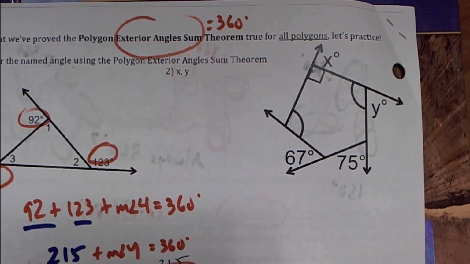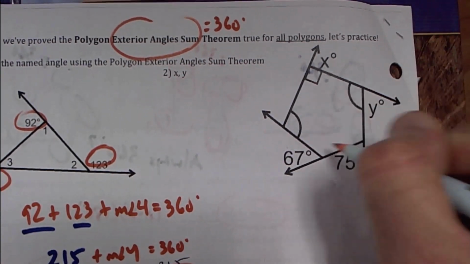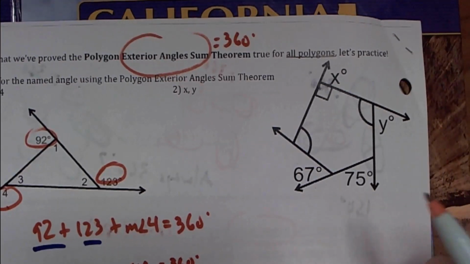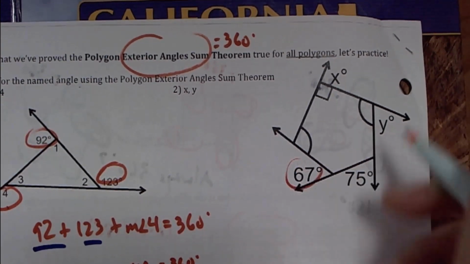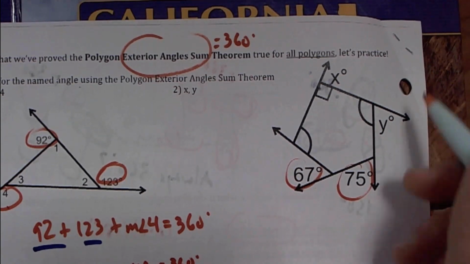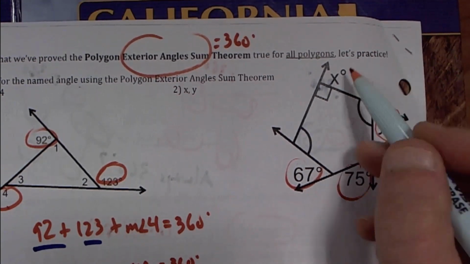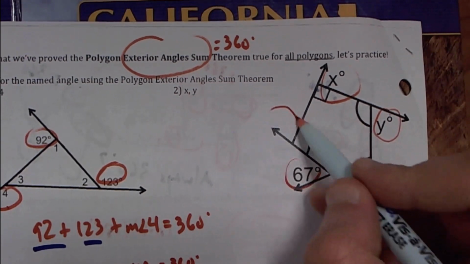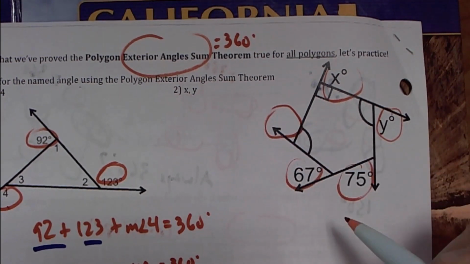Okay, so let's take a look then to finish this off. This has 1, 2, 3, 4, 5 sides, but it doesn't matter because exterior angles are always just 360. So I'm just going to add up 67, 75. Now, this was tricky, y and x, so we'll come back to that. Here, what would this guy be? Do I have to call this z?